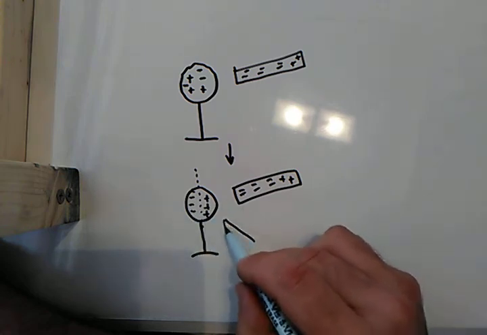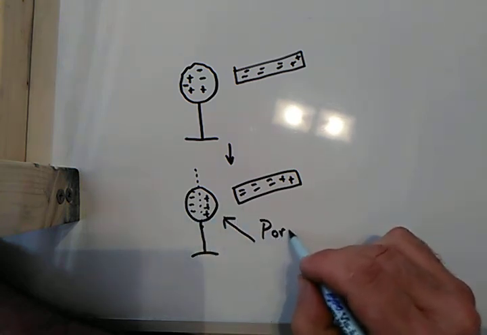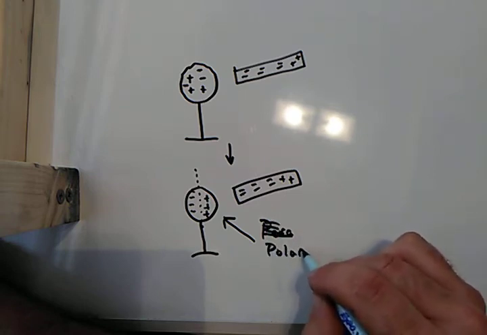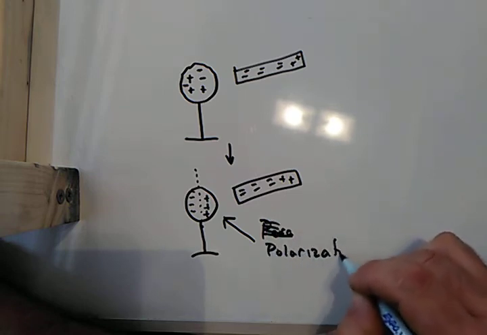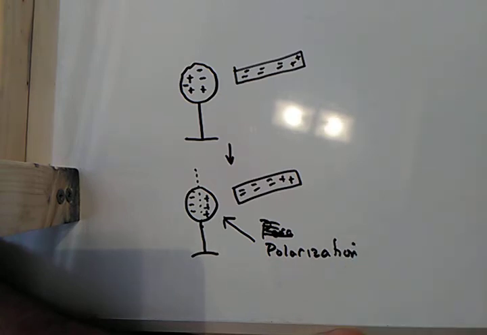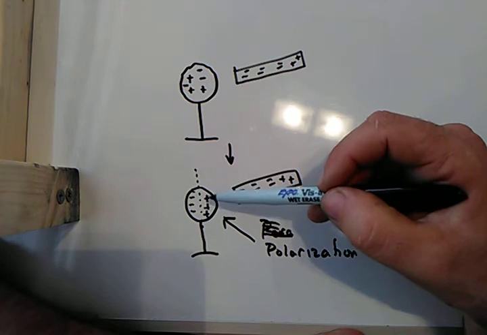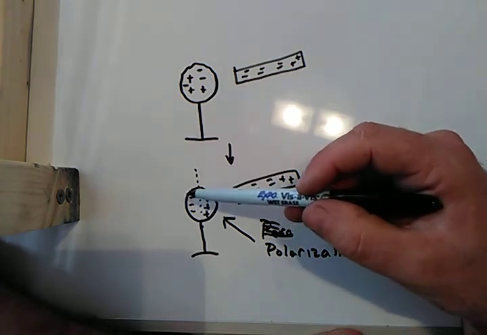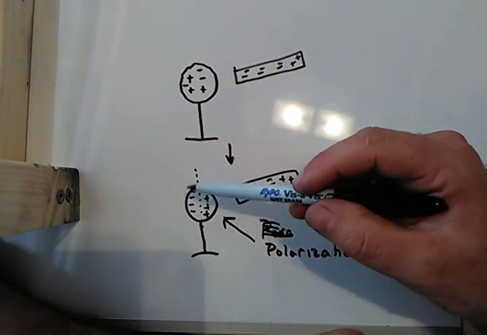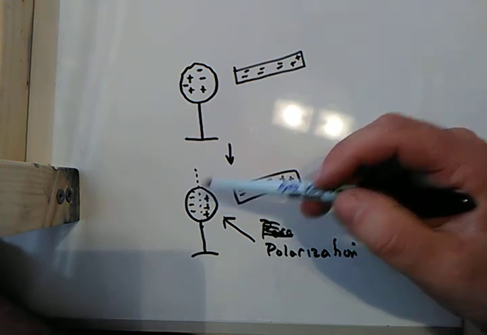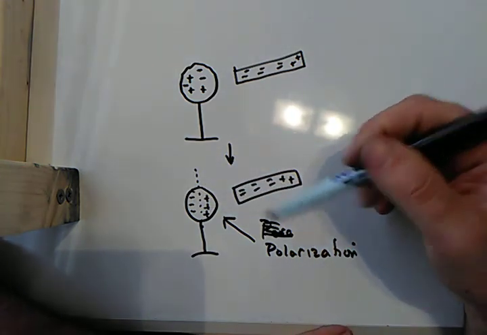The term for this is called polarization. That's when one type of thing goes to one side and the other type goes to the other side, kind of like politics, where you have the Democrats on one side and the Republicans on the other side. This can be looked at as polarization.